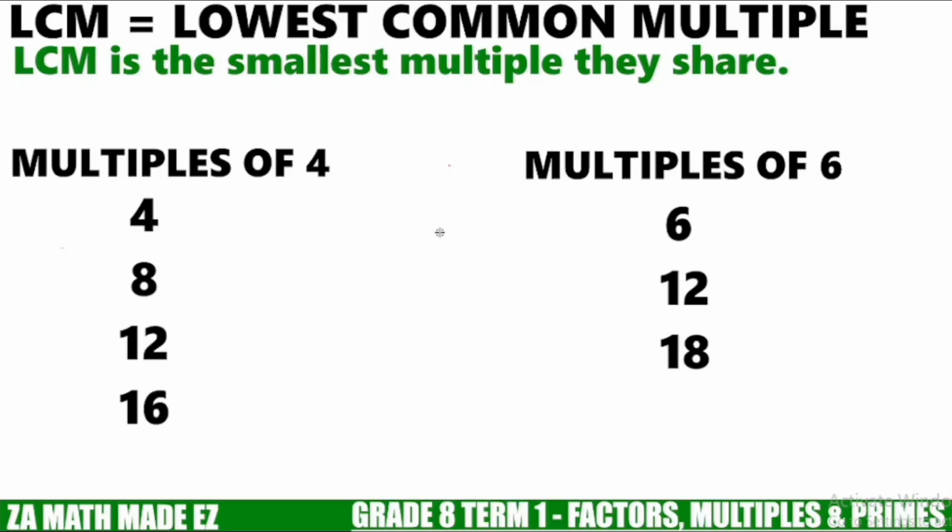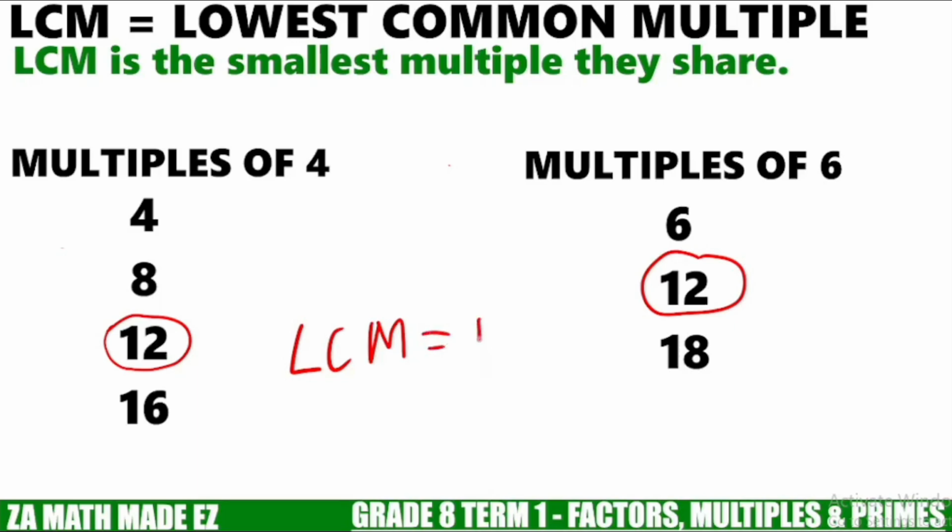There's no 4 in the multiples of 6, and no 8. But 12, there is a 12 here and a 12 over here. That is the first common multiple that you find. So, the LCM of 4 and 6 is equal to 12. It's as simple as that.